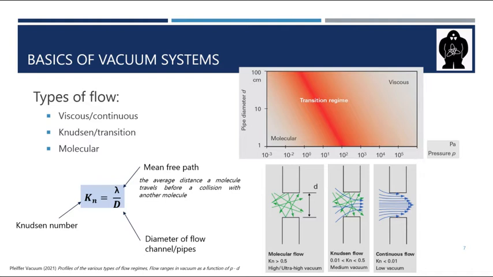The Greek letter lambda is the mean free path, the average path a molecule travels before a collision with another molecule. Mean free path is closely linked to pressure. If there are more molecules in a certain volume, in other words, the pressure is higher, the collisions between molecules are more common and the mean free path is short.